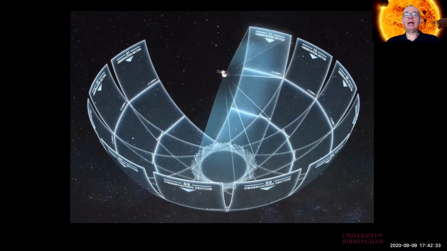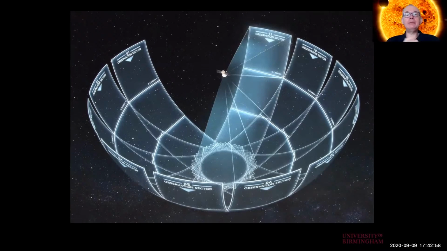After observing that strip for a month, it rotates round and observes the next strip, and so on. So over the course of about a year, you've mapped out one hemisphere. The satellite then flips over and observes the other hemisphere. So over approximately 2 years, you've mapped the brightness of all the stars in the sky, pretty much the entire sky.